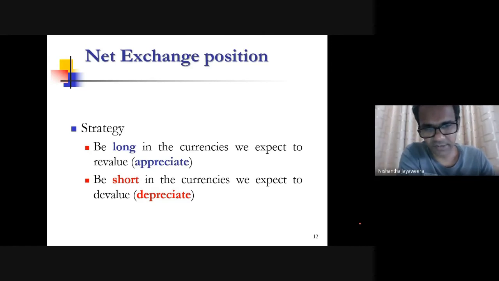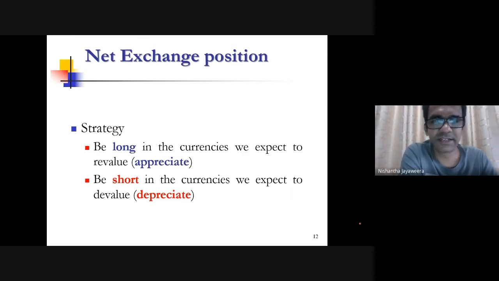Then when the currency appreciates, you make a profit. But remember, if your view is not correct and the currency depreciates, then you make a loss. So your view and the actual market move may be two different things, and that will drive your profit or loss.